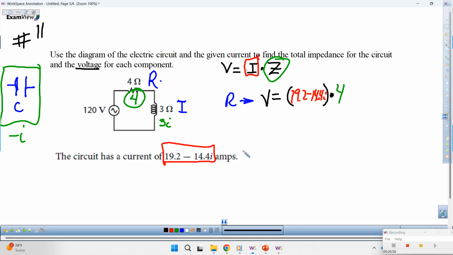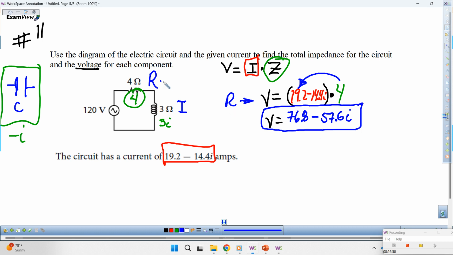So for the resistor, the voltage going through the resistor, 4 times 19.2 is 76.8, minus 4 times 14.4, which is 57.6, and that is I. This is the voltage going through the resistor.